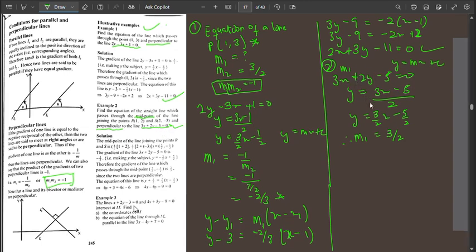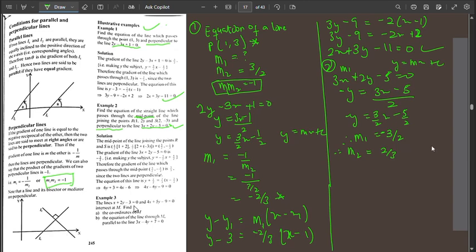So let's change this to plus, and then that means we change this to minus. That means we change y to a minus. That means the gradient will be minus 3 over 2. Right. So the gradient of m1, of the line we've been given, is minus 3 over 2. That means therefore the gradient of our line, which is m2, is equal to 2 over 3.